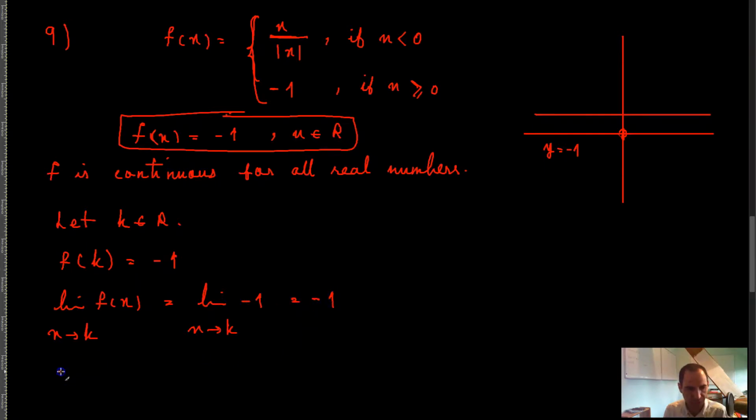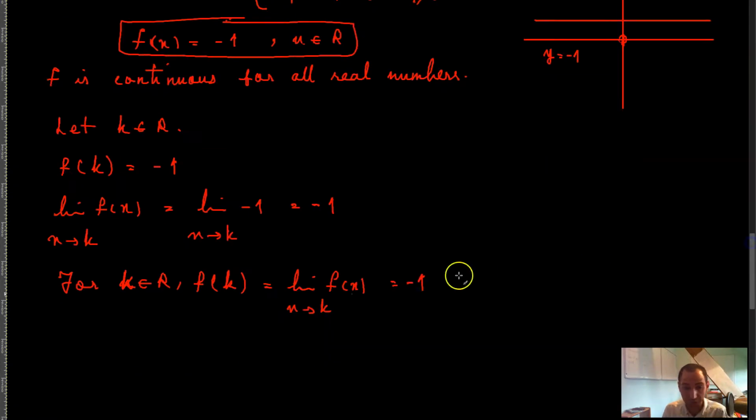And therefore, for all k belonging to the set of real numbers, f of k is equal to the limit of f of x as x tends to k, which is equal to -1, and therefore f is a continuous function.